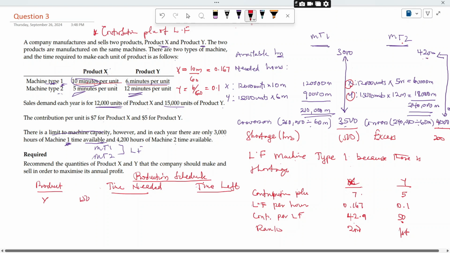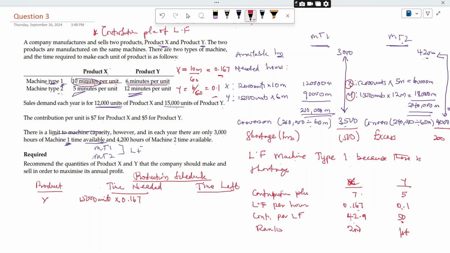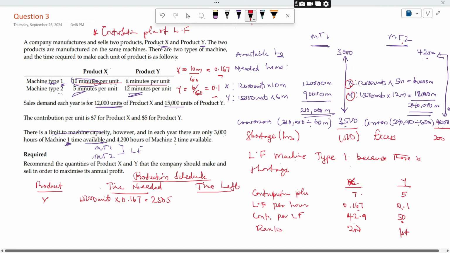So 15,000 units times the hours per unit, which we calculated as 0.167. 15,000 times 0.167 is 2,505.